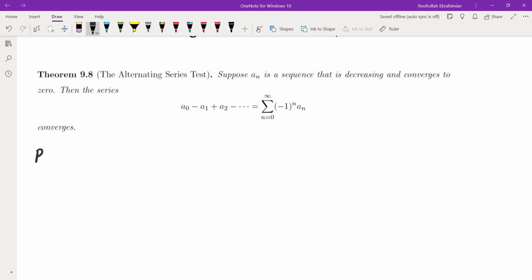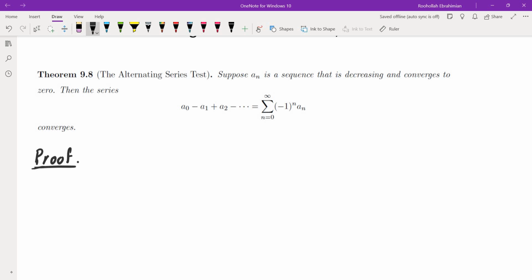Okay, so let's prove this one. In order to prove this one, we are going to show that the partial sums are going to be Cauchy. So if you recall, we showed that a sequence converges if and only if it is Cauchy. In order to show a series converges, we will have to show its partial sums converge.